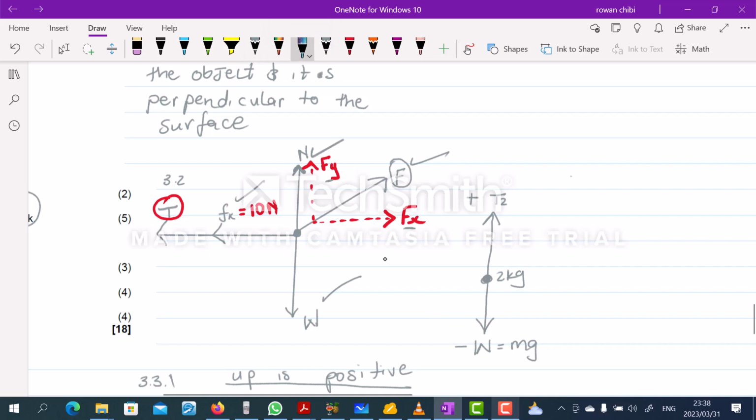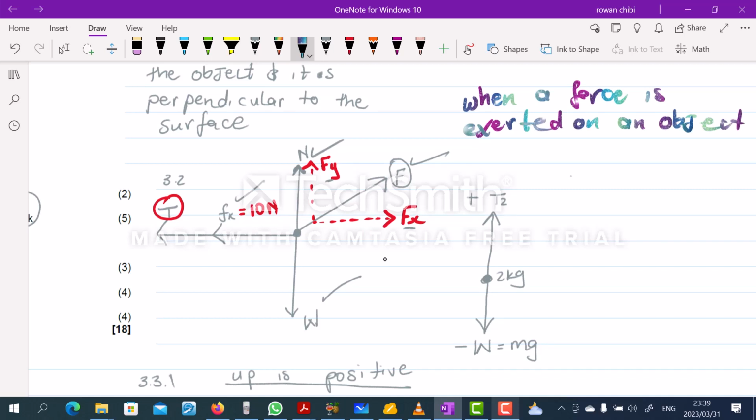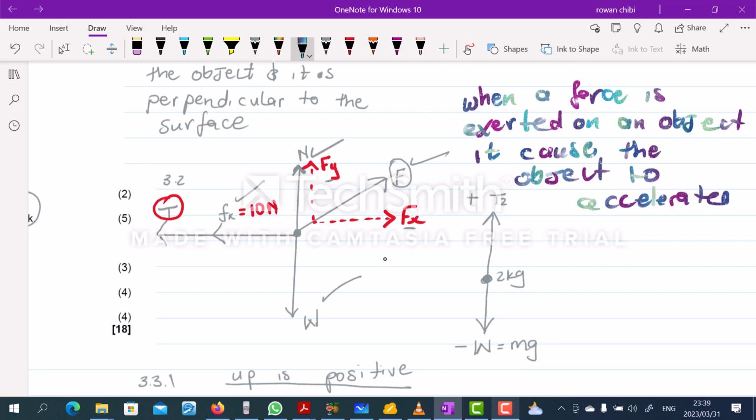Remember, Newton's second law says when a force is exerted on an object, that force causes the object to accelerate in the direction of the force.